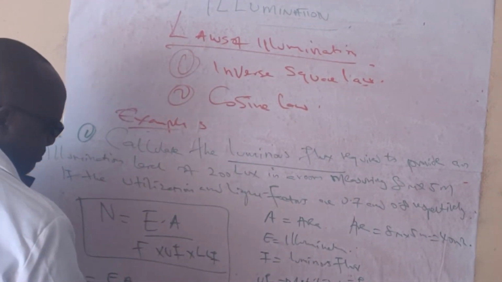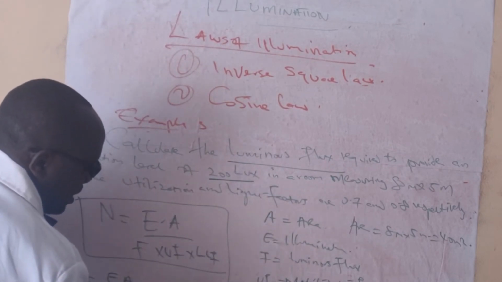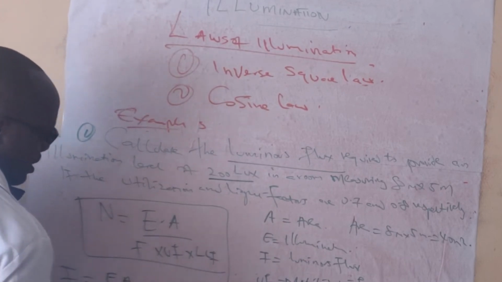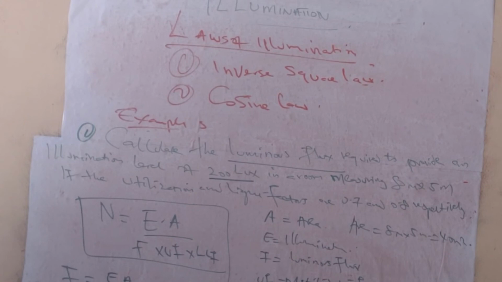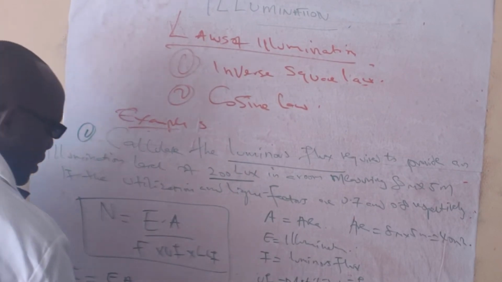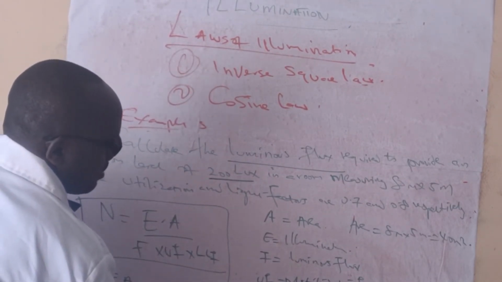The illumination given is 200 multiplied by the area, 40, all over N. We can take N to be 1 for calculation, so 1 multiplied by the utilization factor 0.7 multiplied by 0.8.